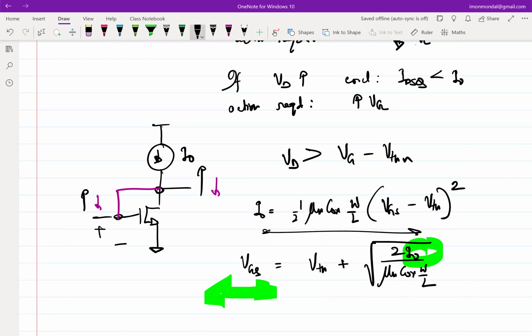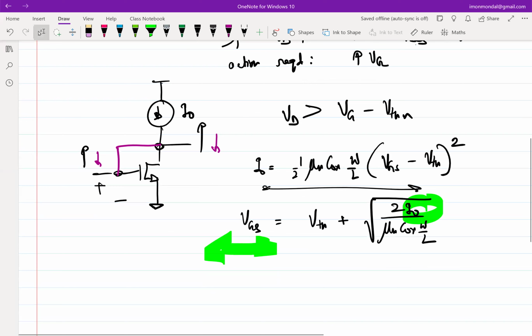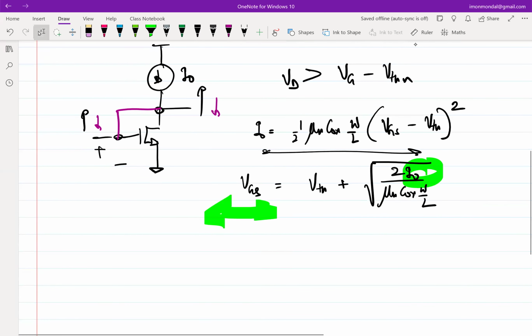Okay, so why is that statement important? The statement is important because if I compare this with a common source amplifier biasing, let's say this is what I'm comparing with.